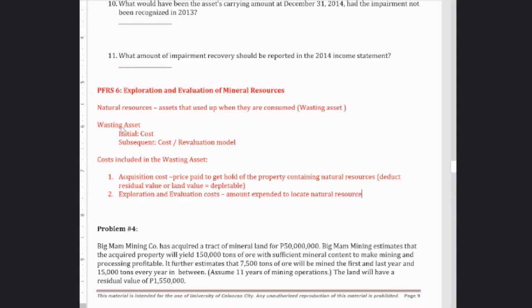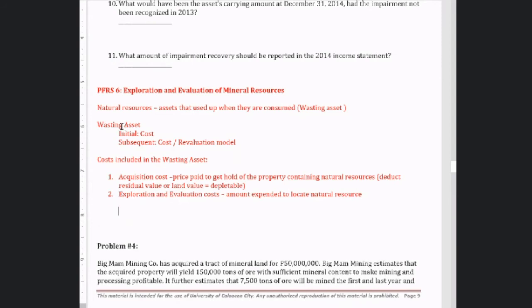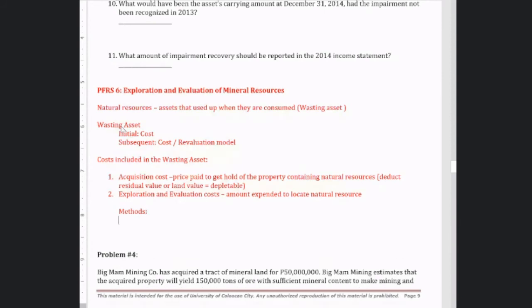Meron tayong dalawang methods dito na ginagamit. Yung una is successful efforts method. Ito yung ginagamit ng mga big companies, big mining companies. Dito, if the exploration and evaluation of the property or the land is successful, ibig sabihin meron ka nakitang natural resource, it is capitalized as wasting asset.